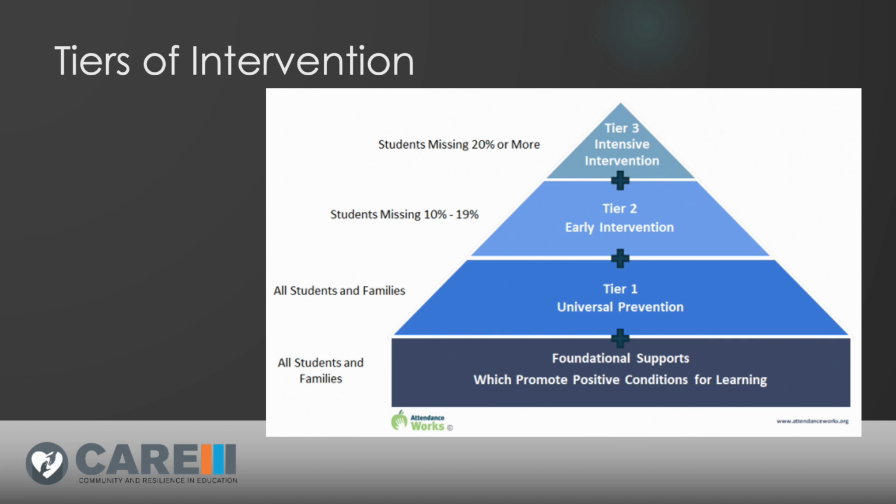And so we could have time periods, maybe once a month, at the very least quarterly, where we're taking a look at data and then referring kids for that tier 2 intervention. And then finally, those kids that are missing 20% or more, referring them for more intensive intervention. So we can think about addressing chronic absenteeism through this tiered system of intervention.